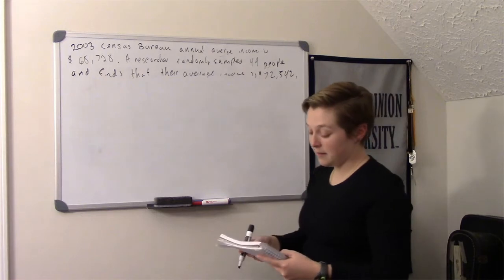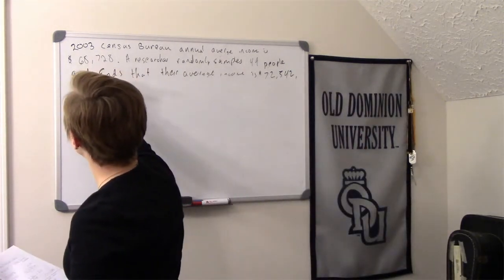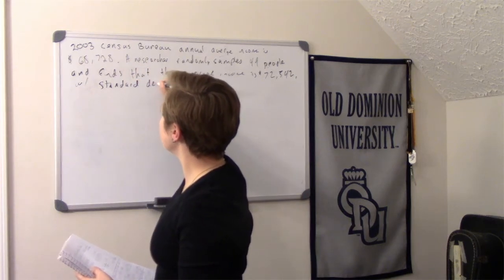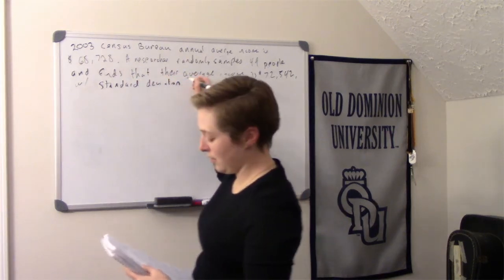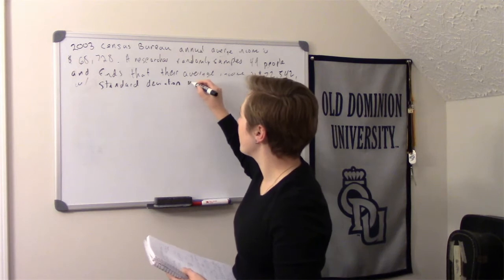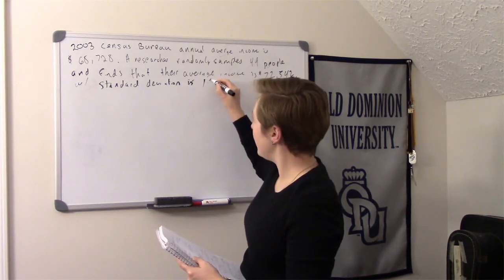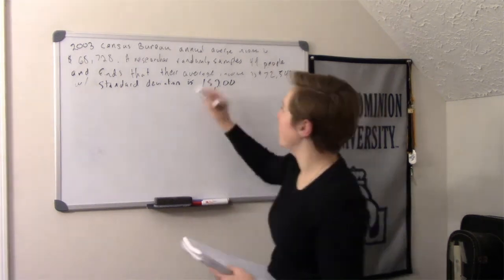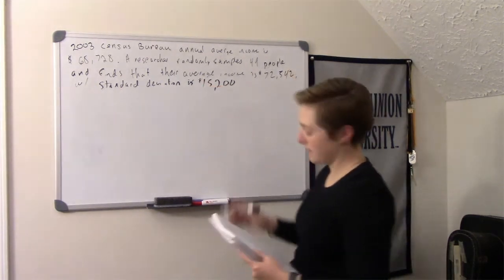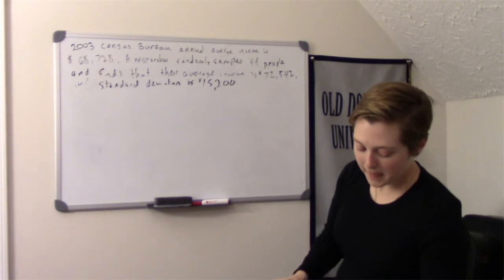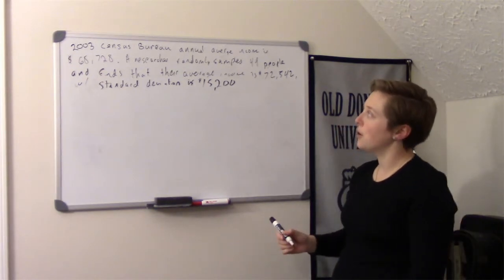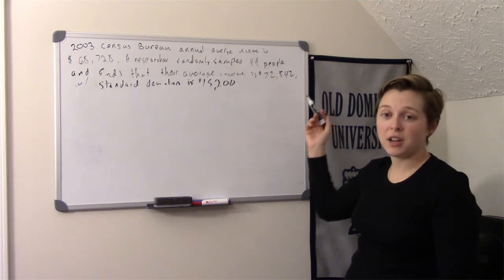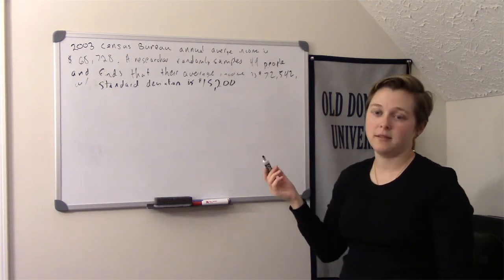The standard deviation is $15,200. All right. So the researcher wants to know if the average income in the United States has increased, right?